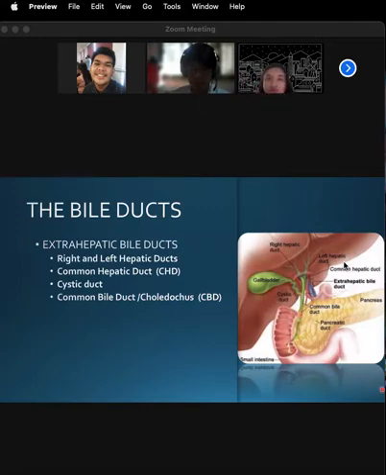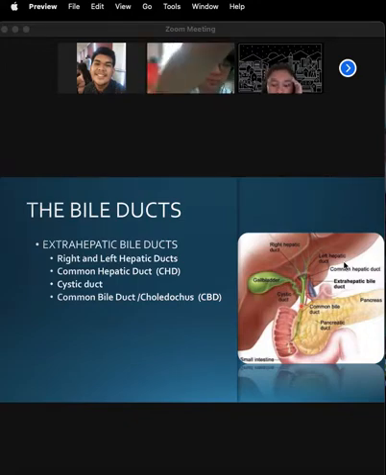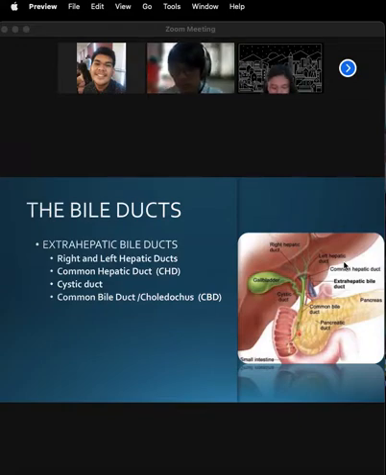The common bile duct or the choledochus is about 7 to 11 centimeters long and about 5 to 11 millimeters in diameter. It's important for us to know the diameter of the common bile duct because in patients with extrahepatic biliary duct obstruction, either secondary to stone or to a periampullary carcinoma, dilatation of the common bile duct will dictate the possible bypass procedure that we are going to undertake.